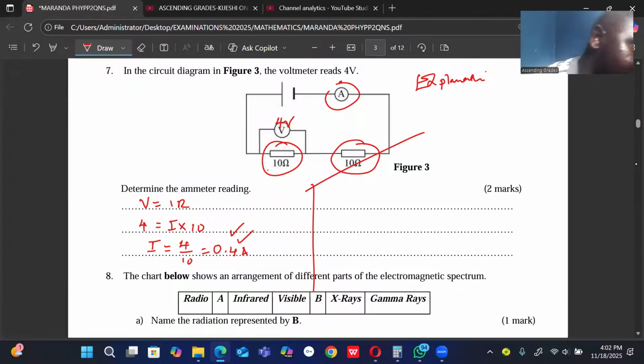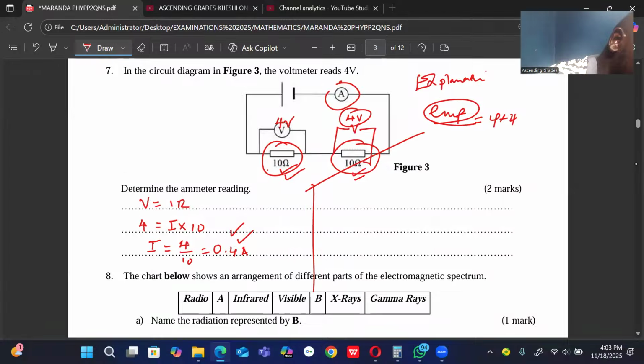But in case you are asked about the EMF, we know that each resistor will carry its own potential difference. Since they are of the same size, the voltmeter reading here will also be 4 volts. So the EMF will be 4 plus 4, getting 8 volts. That will become the EMF. That is just an explanation in case.